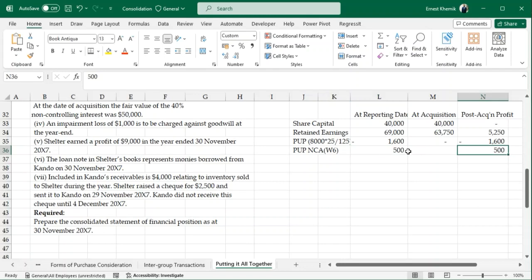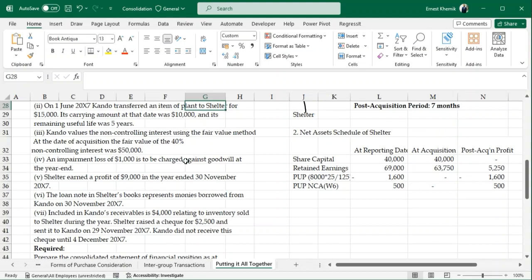Alright, so this place is going to be dashed as well. Let me put this here, the middle. Right, good. So we have everything set up for us. So from the additional information, we don't have any other information that will affect the retained earnings of the subsidiary. So we are done. So we can actually come and calculate everything here.